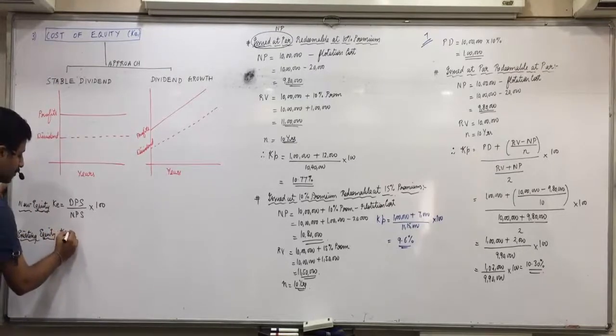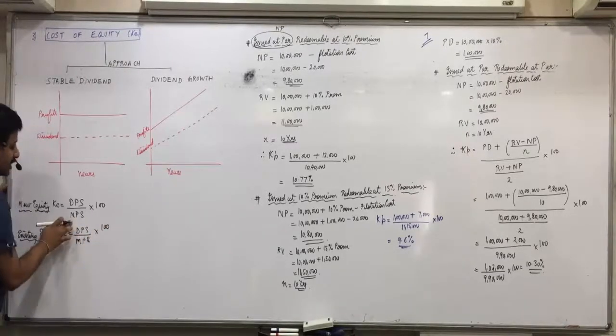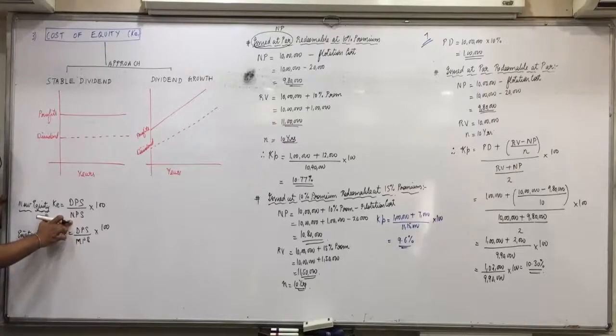Here we will take DPS upon MPS into 100. What is this MPS? This will be market price per share. Is everyone of you clear with that? So if it is new equity, we will take net proceeds. If it is existing equity, we will take market price per share.